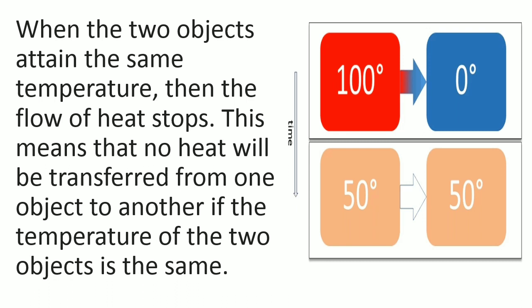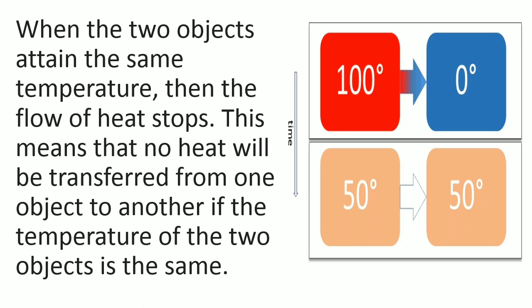Suppose that the temperature of the red object is 100 degrees Celsius and the blue object is 0 degrees Celsius. So the heat will start to transfer from red to blue and the temperature of the red will start to fall down. Why? Because it is losing heat. It is giving up heat. Simultaneously, the temperature of the right hand side object will start to rise. Why? Because it is gaining heat.